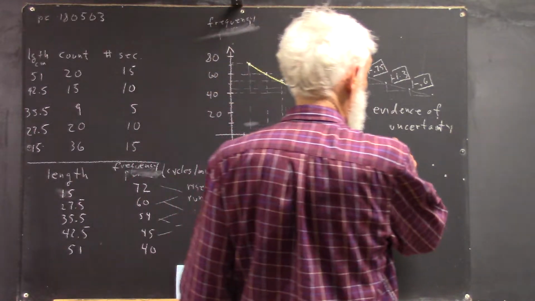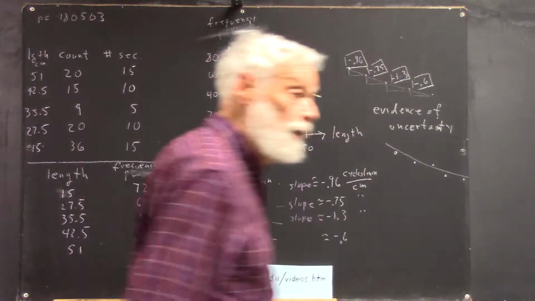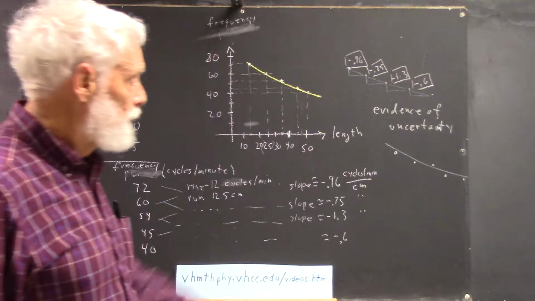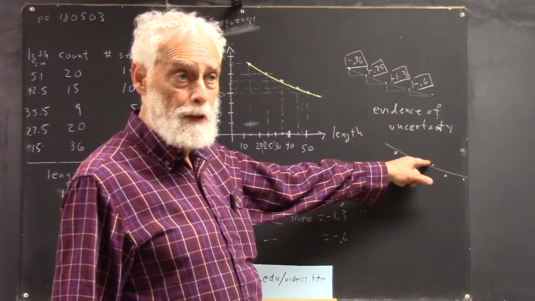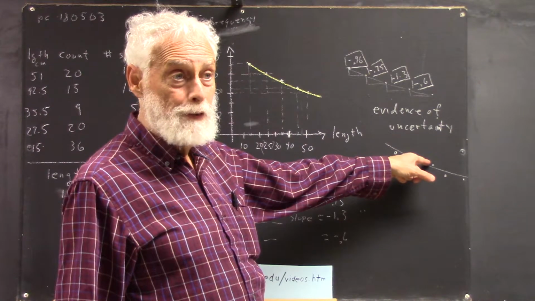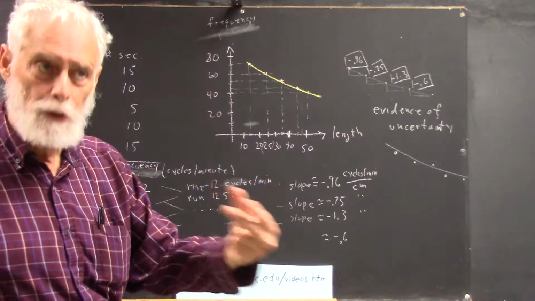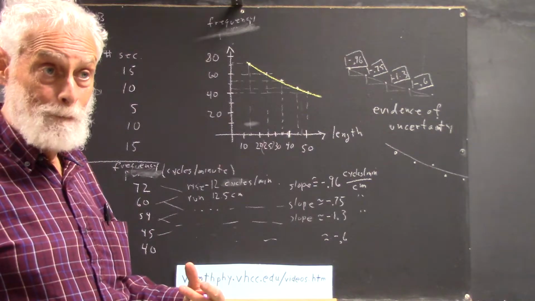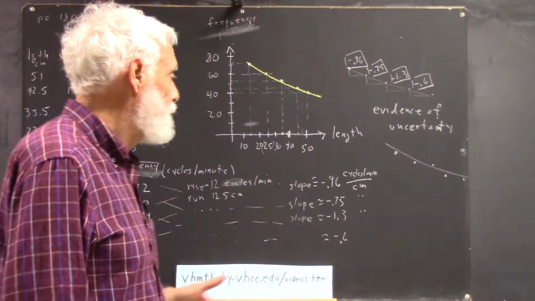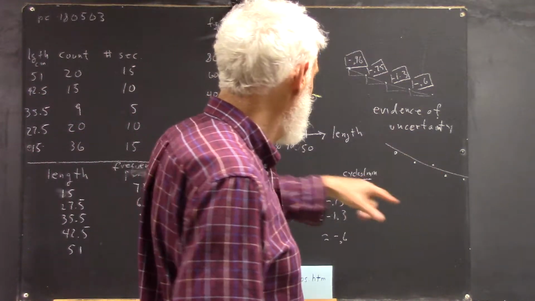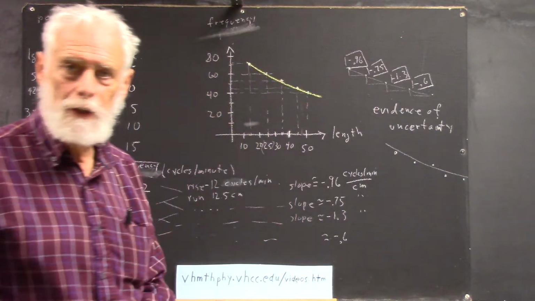It still indicates that you have this kind of curvature. It's just that you've got some uncertainty in counting this, and you trace that back to the uncertainty you get when you only count a short period of time. So whether you totally understand that, there's uncertainty involved. Now, let's get back to the model.